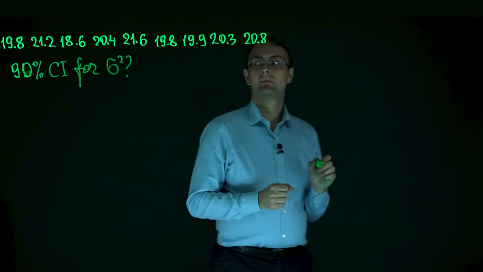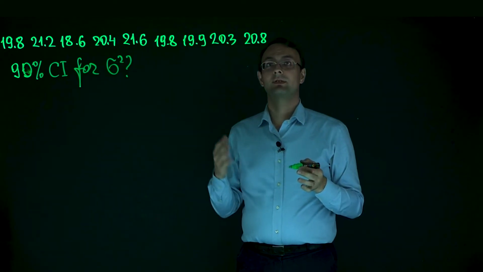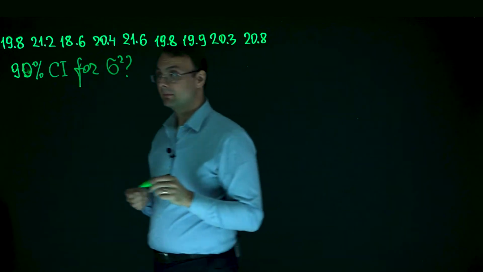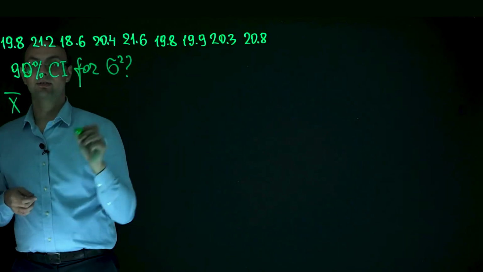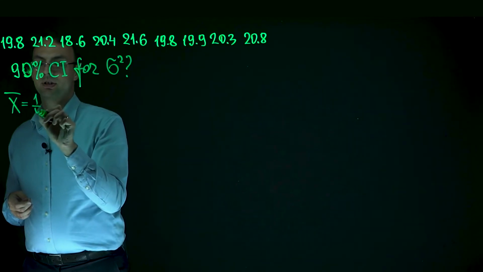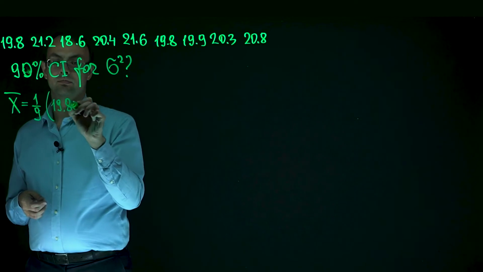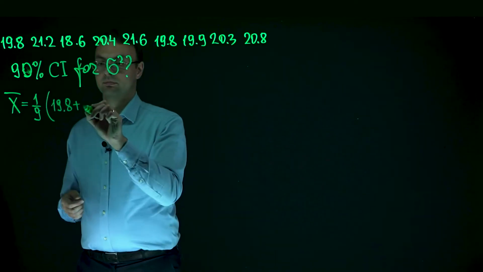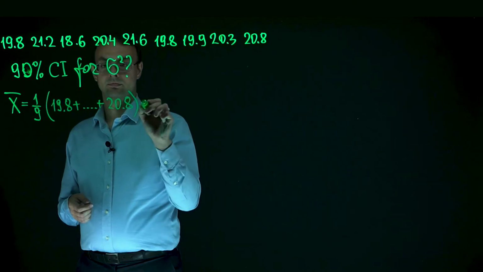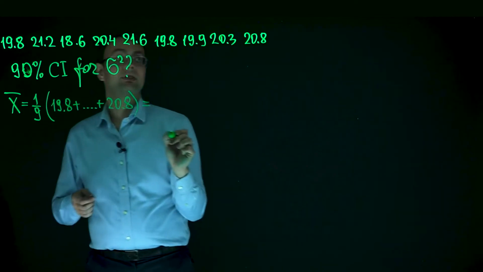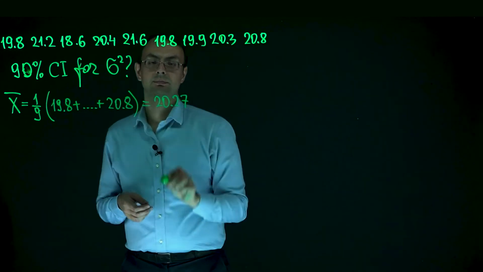So, what is to be done? The first step is to find the sample mean. These are the xi's, and x bar is 1/9 times the sum of these values. If we do all the calculations, we get 20.27.